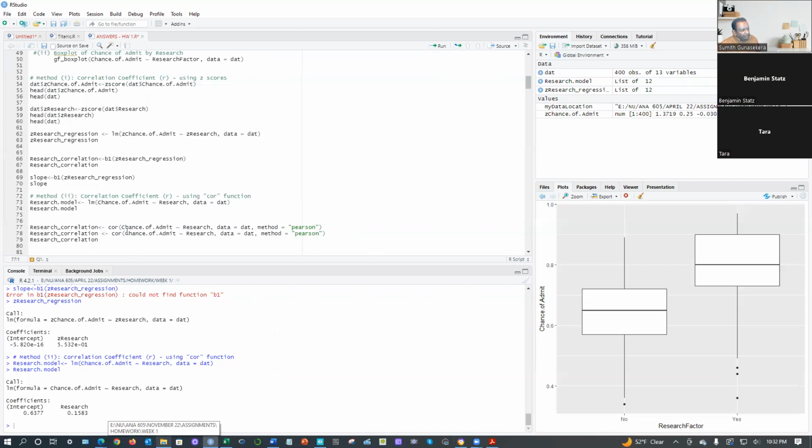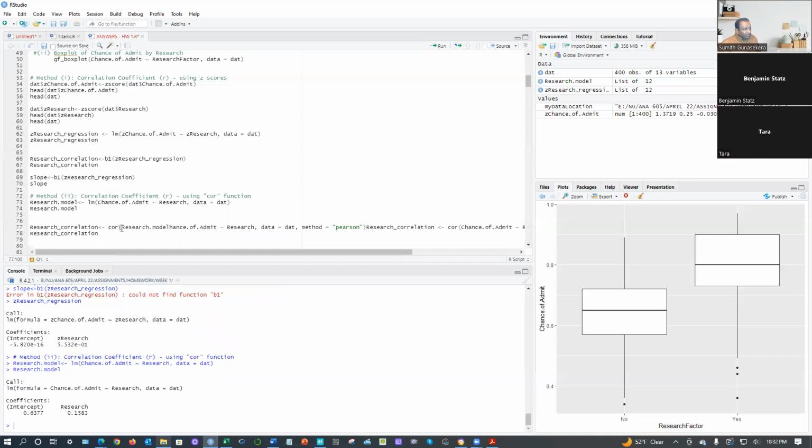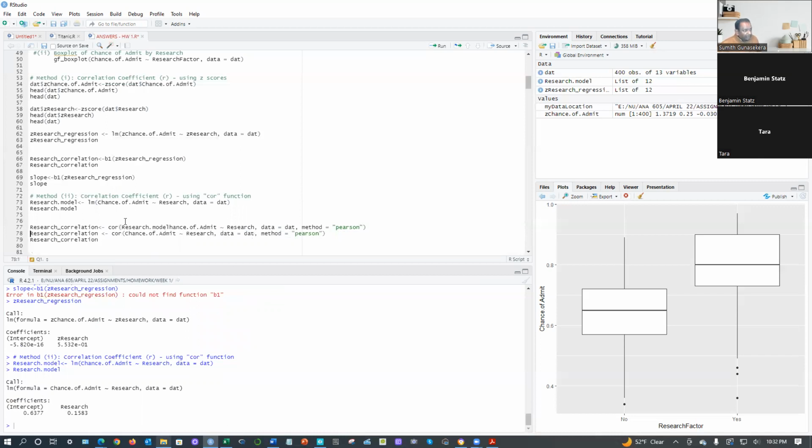That one I'm trying over here, research.model. See, research.model. We don't need the data. It's already been set up with the Pearson.